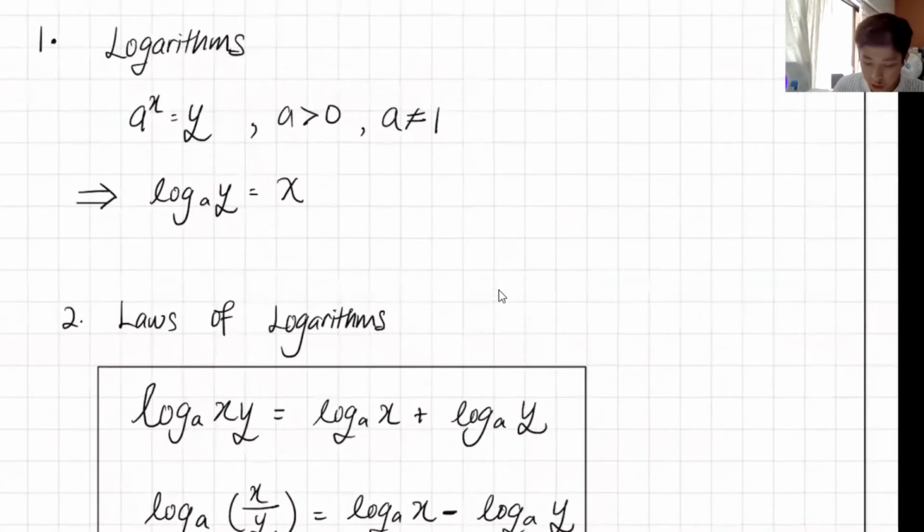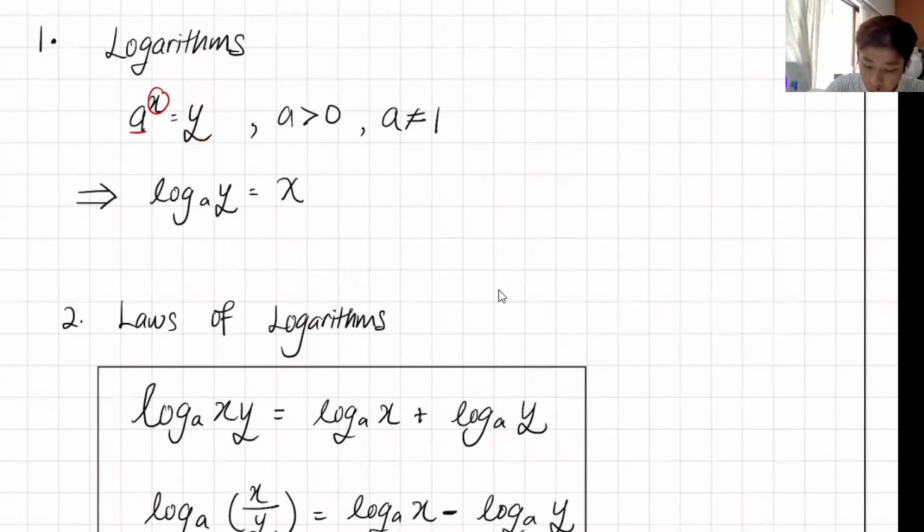Everything has its uses. What you have to know about logarithm in your syllabus is that when you have a base to the power of an index, we have learned in the previous video that this is known as the base and this is known as the index. If I have a base to the power of an index equals an answer, I can rewrite this.